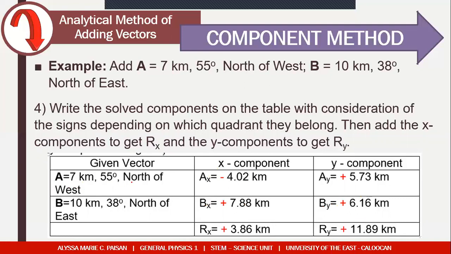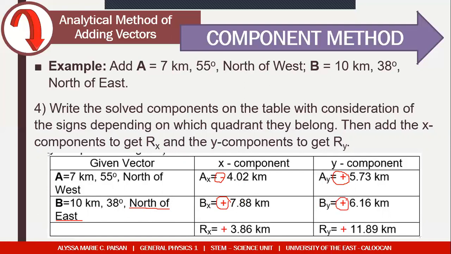Vector A, since it is north of west, belongs to quadrant 2. And in quadrant 2, the x coordinate is negative, that's why we put the negative here. And the y coordinate is positive, that's why we put the plus sign here. On the other hand, vector B is in the first quadrant because of the direction north of east. That's why both of our coordinates or components are positive.